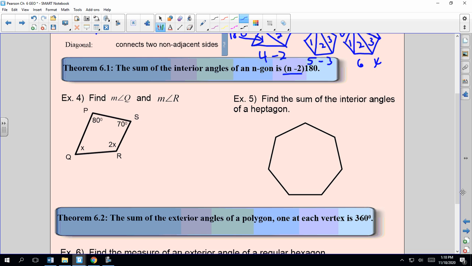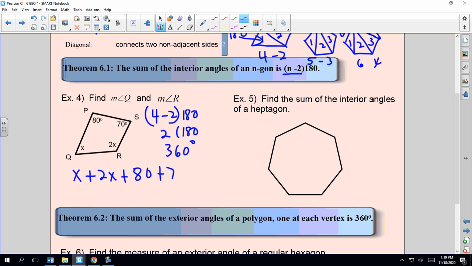On example 4, this is a quadrilateral. We know it's 4 minus 2 times 180, or 2 times 180, which is 360 degrees, is what all 4 angles add up to. So we can write an equation that says x plus 2x plus 80 plus 70 has to equal 360 degrees.